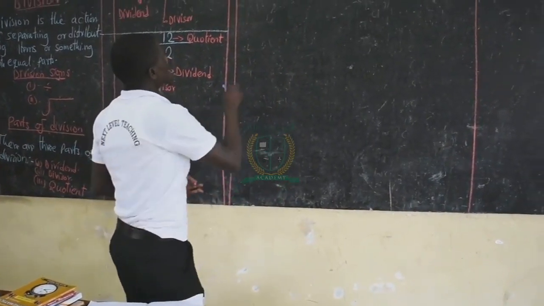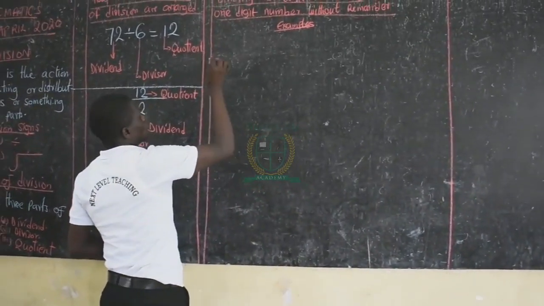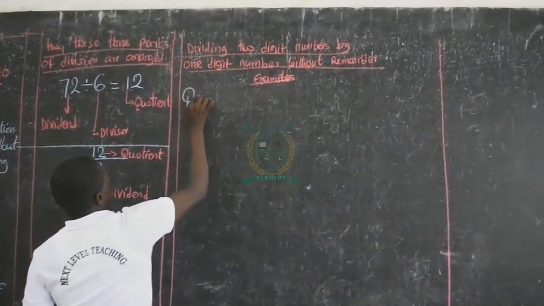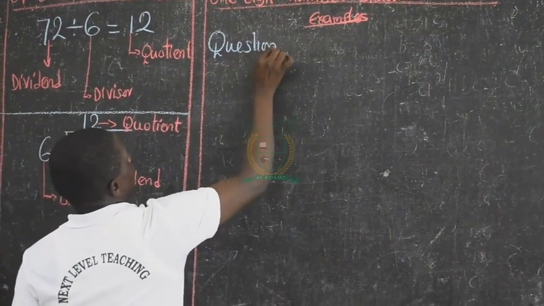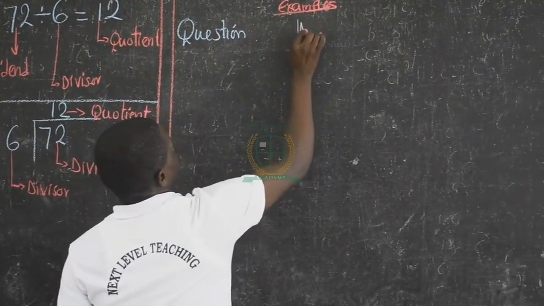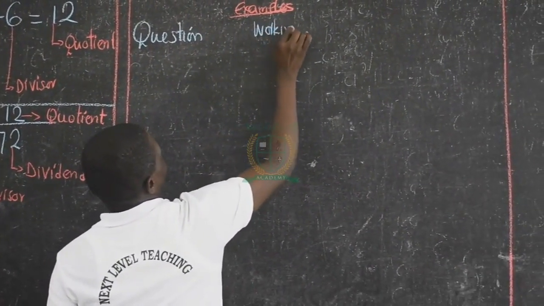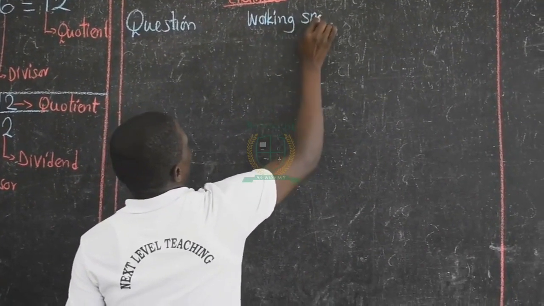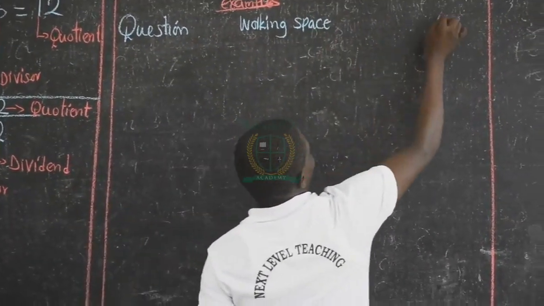Let's see, question number 1. Make sure that you work very well. Question, working space, and answer.